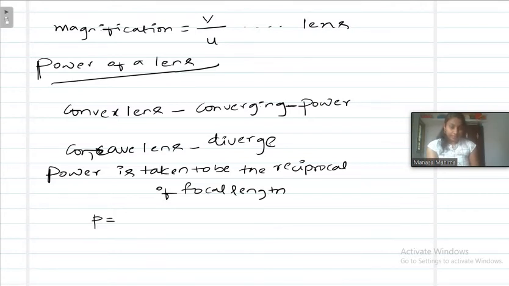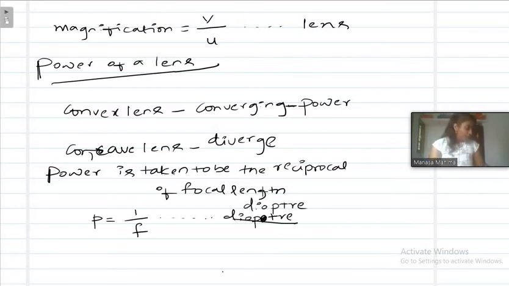P is equal to 1 by f. But this P is measured in a unit called dioptre. Okay, this spelling is very important. And that is denoted by the letter D.